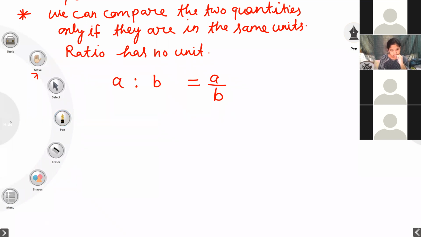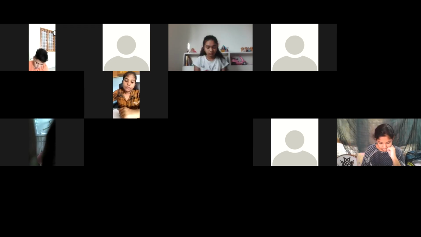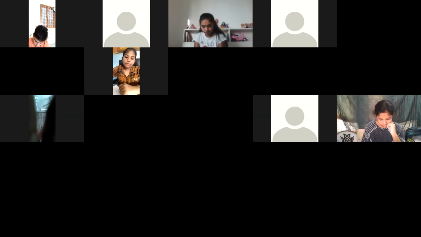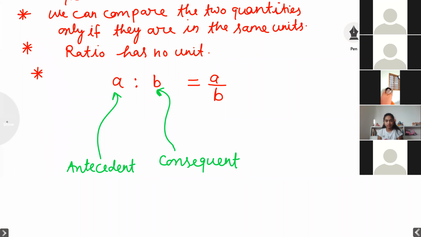The first term is called antecedent and the second term is called consequent.